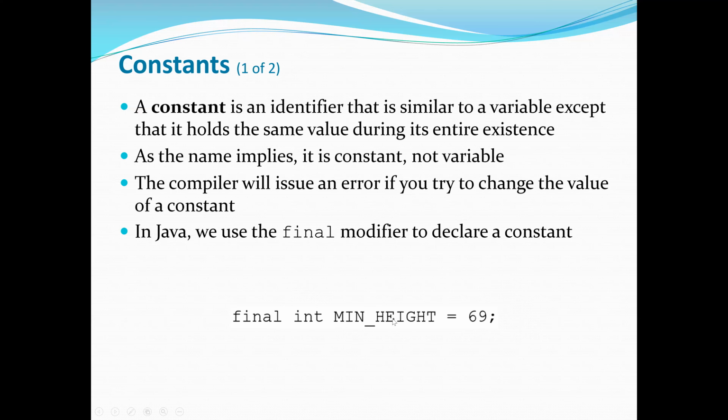Also here you can see the MEAN_HEIGHT is in uppercase. It doesn't matter. By convention, we just want to separate a regular variable from a constant variable. So it's up to you. You can make a regular variable uppercase or lowercase, or the constant variable uppercase or lowercase. There's no syntax error.